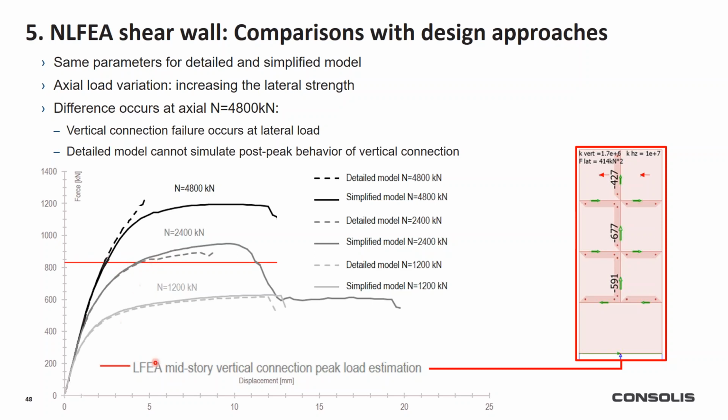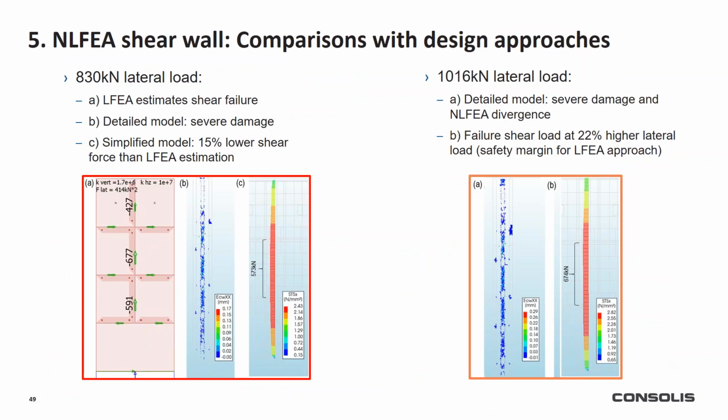At this load level, if we do the linear elastic analysis with fan design, we can observe that in the middle connection, we will reach the maximum shear load. And as seen in the previous slides, the detailed model cannot capture the post-peak behavior of the vertical connections.